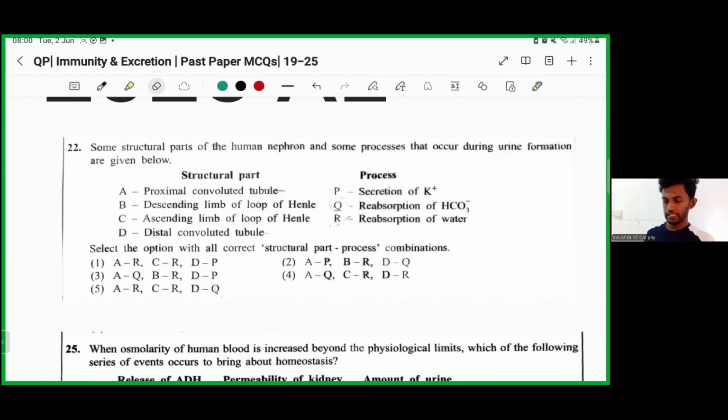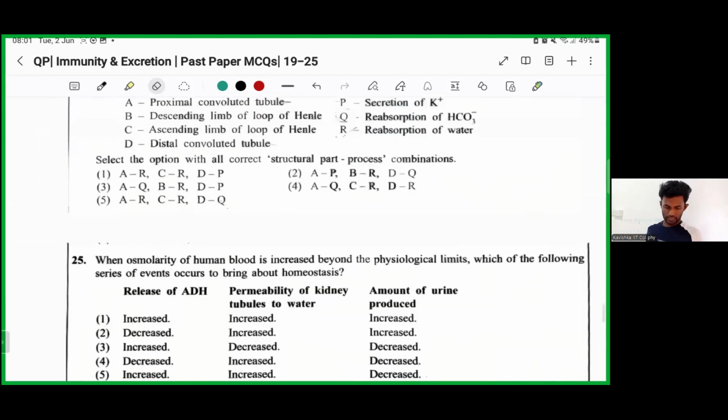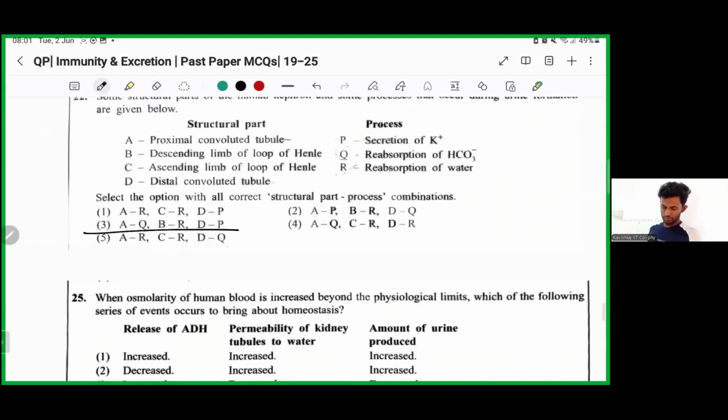Here C is the ascending limb, which is sodium chloride. So the third one is what we can take. This third one is the answer, right? Proximal convoluted tubule goes with this one, descending limb of loop of Henle goes with water reabsorption, and distal convoluted tubule goes with potassium plus. So the third one is the answer.